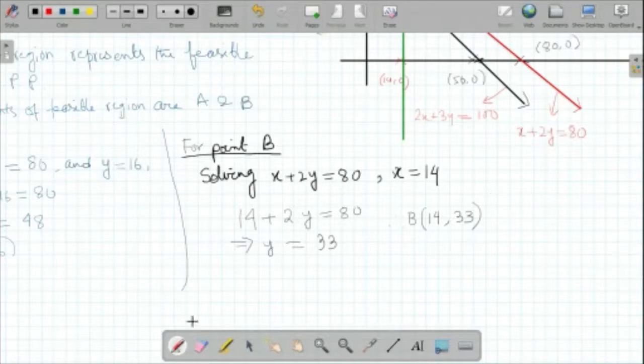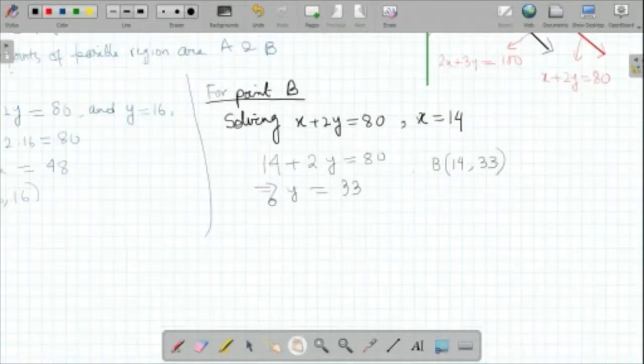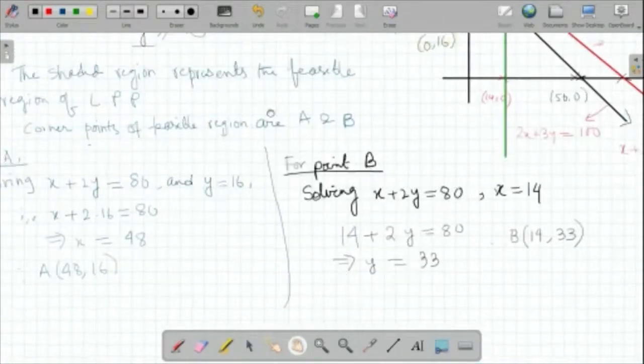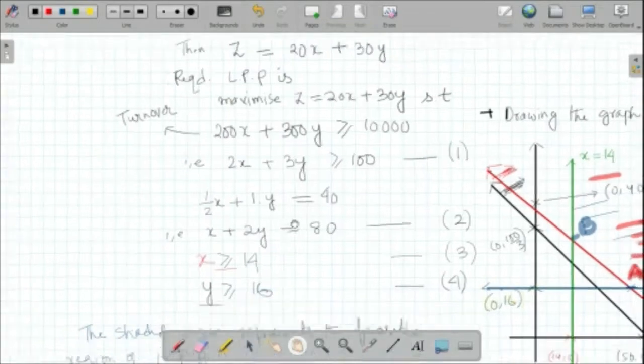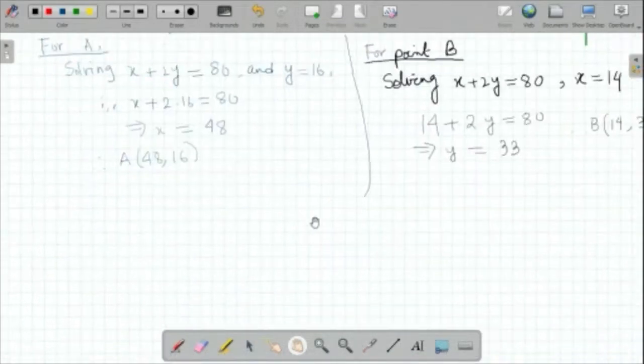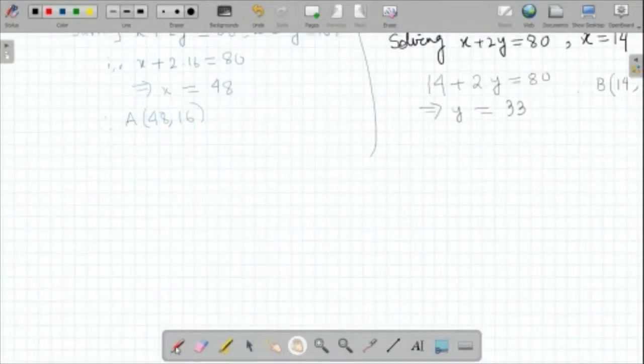Now all we have to do is check the value of z. What is the value of z here? 20x plus 30y, right? At A, 48 comma 16.